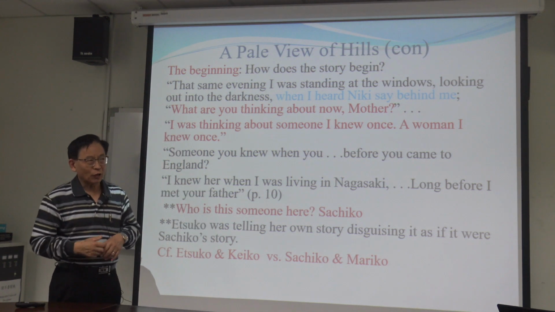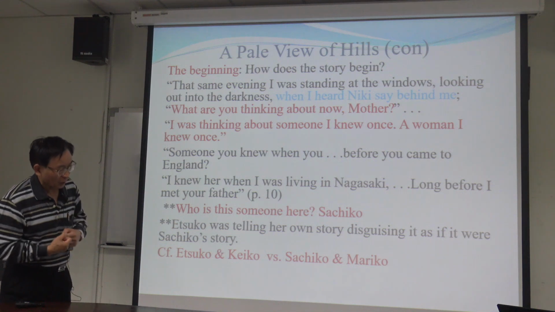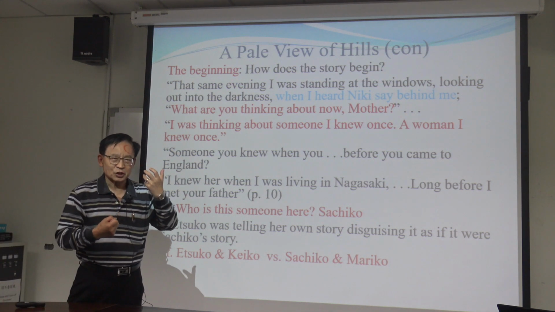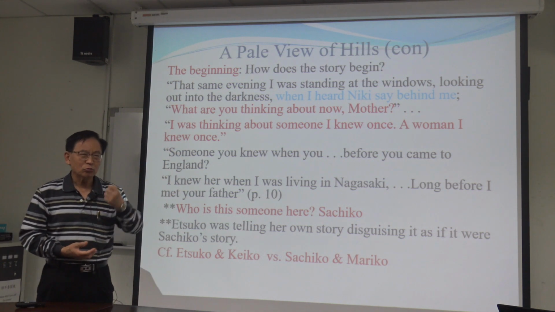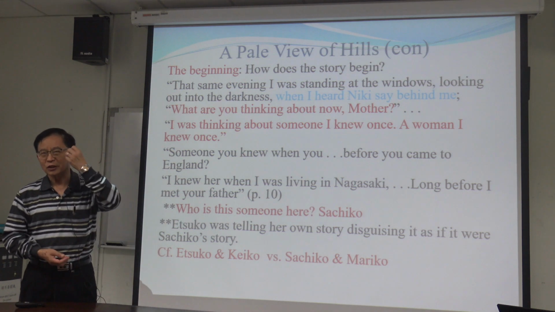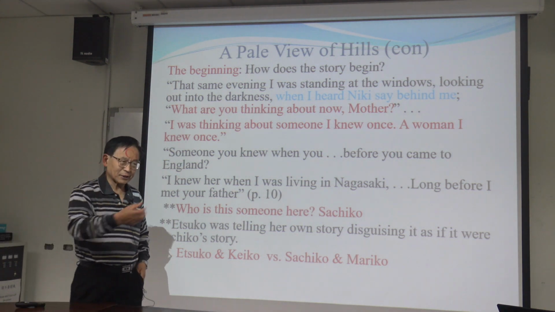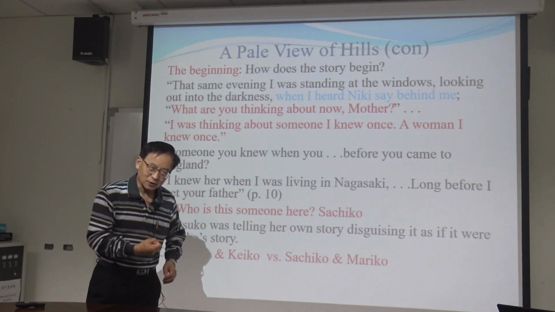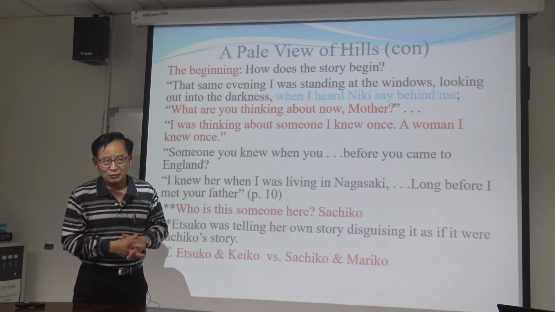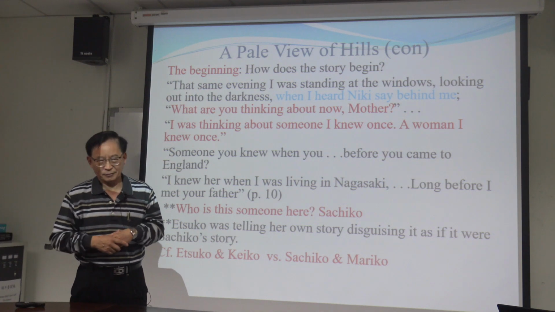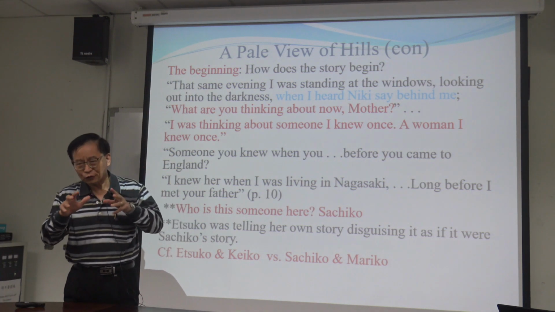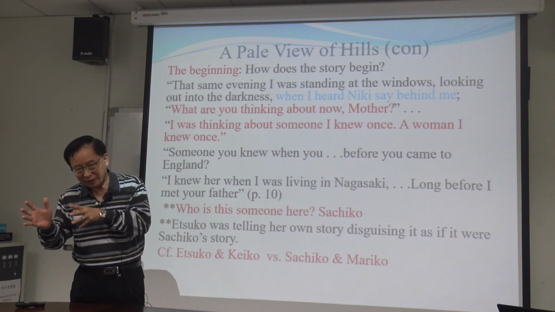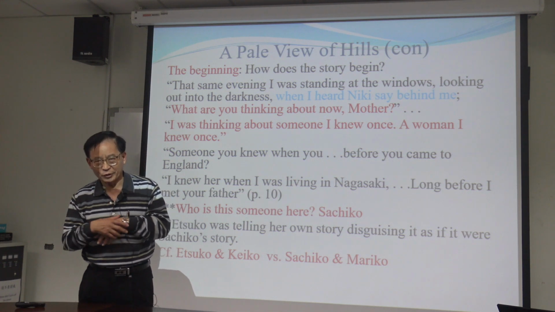One good question for us to ask all the time is, who tells the story? Who narrates the story? Who is the storyteller? Who is the narrator? Because who narrates the story, who tells the story, will have a lot of influence or different color over the story.